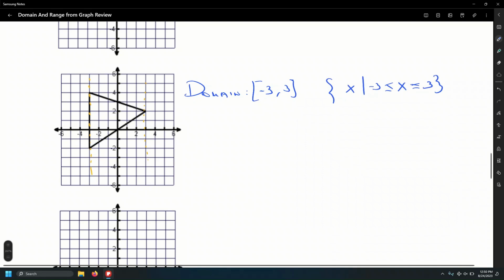We did a bunch of practice converting interval notation to inequality form and vice versa.